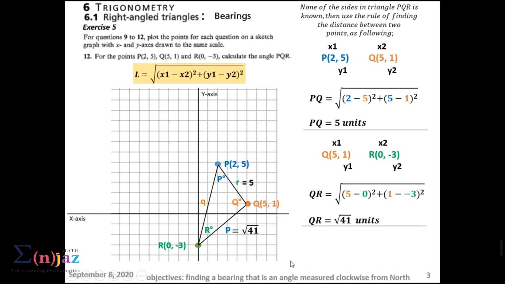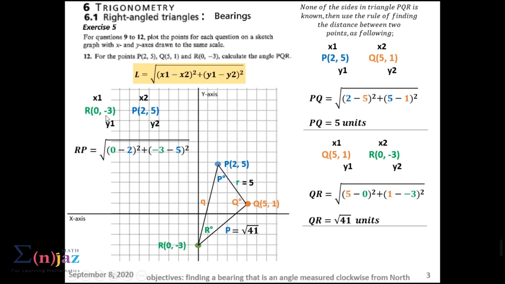The last side that we have is RP or PR. So R and P, we place the 2 points next to each other. We're going to identify the x's. So x1 is 0, x2 is 2, and then we're going to identify the y's. y1 is -3, y2 is 5. Let's substitute the values of x and y in the general formula as following to find the length of RP.